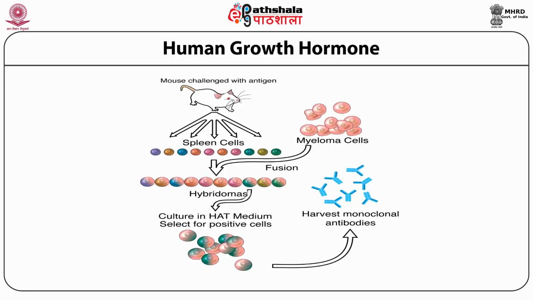For example, a trivalent edible vaccine against cholera, ETEC (enterotoxigenic E. coli), and rotavirus could successfully elicit a significant immune response to all three.